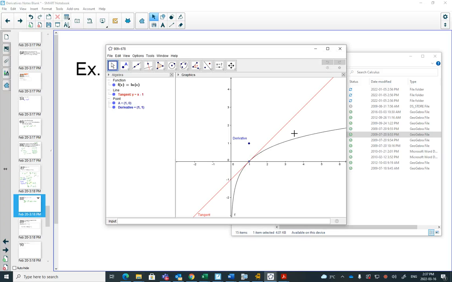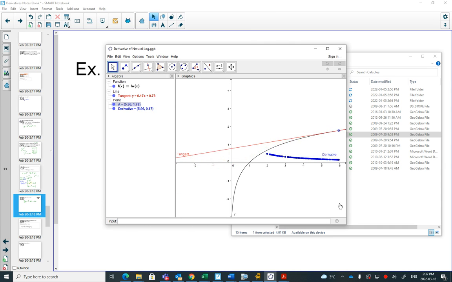So here I've got the natural log of x graphed, and if we drag this point and plot all of the slopes of that tangent line as we go, this is the shape of the graph that we get. Did you know that the natural log of x just keeps getting bigger and bigger? And so my slope stays positive all the way, but it gets flatter and flatter.